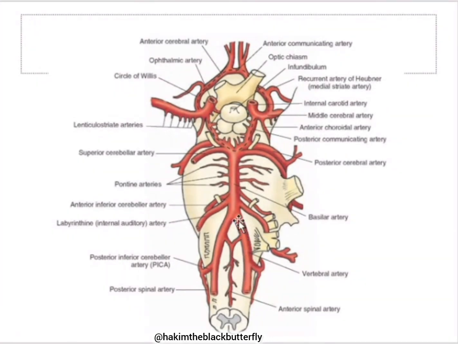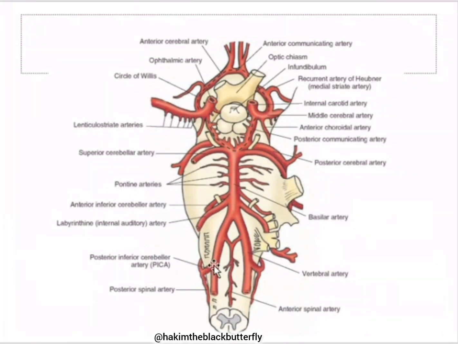When the vertebral arteries reach the junction of the pons and the medulla, they join to form the basilar artery. So these two vertebral arteries are branches of the first part of the subclavian artery. They are going to give off branches posteriorly, a branch known as the posterior inferior cerebellar.